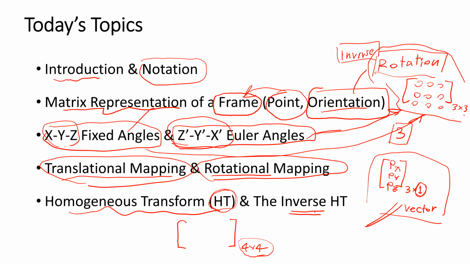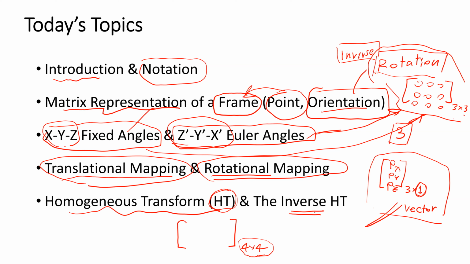So before moving on, industrial manipulators have links in series, which means we may have a base, a link, and another link, and another link in series.